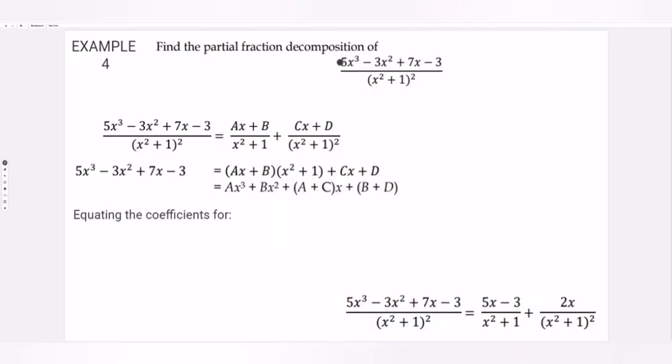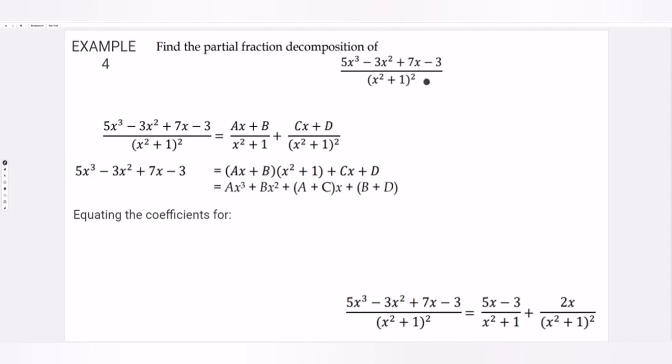Our last example is a partial fraction decomposition containing a repeated quadratic factor. We need to find the partial fraction decomposition of 5x cubed minus 3x squared plus 7x minus 3. Based on the problem, we don't need to find the factors because they are already given in the equation.